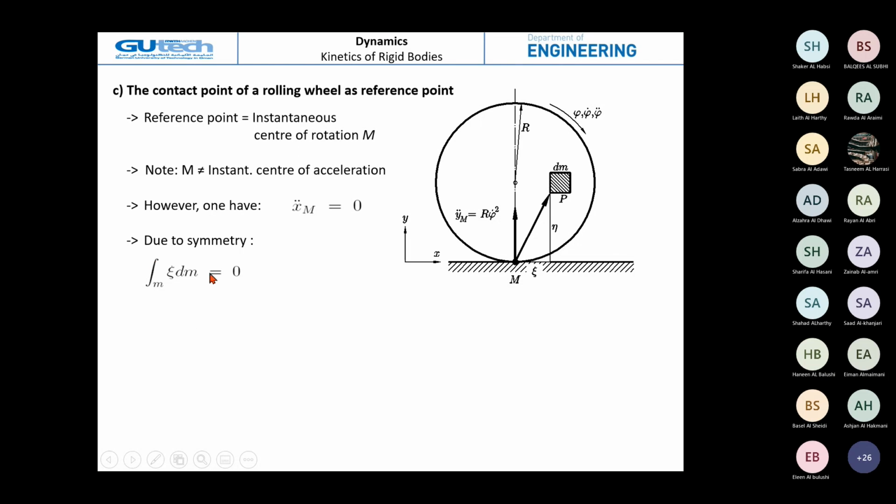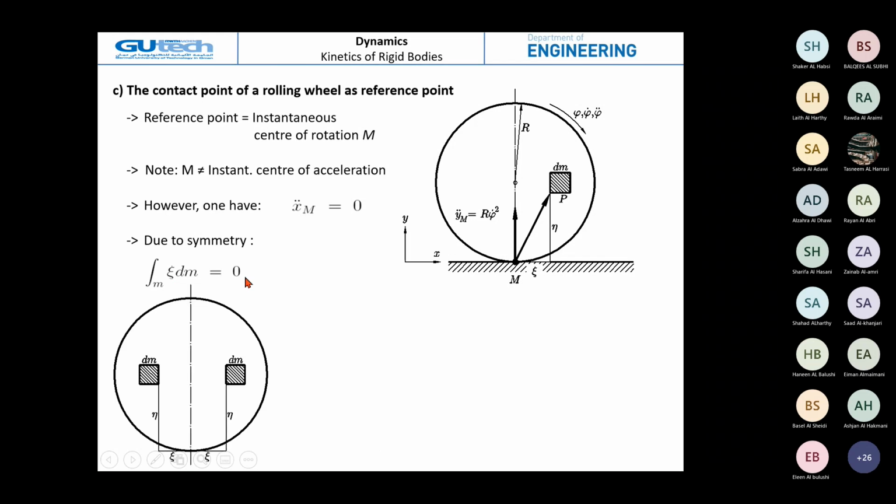When we integrate the static moment, this will be equal to 0. It means we have dm at the right part and dm at the left part, and the two are symmetric, so they have opposite sign in C, and this will give 0.